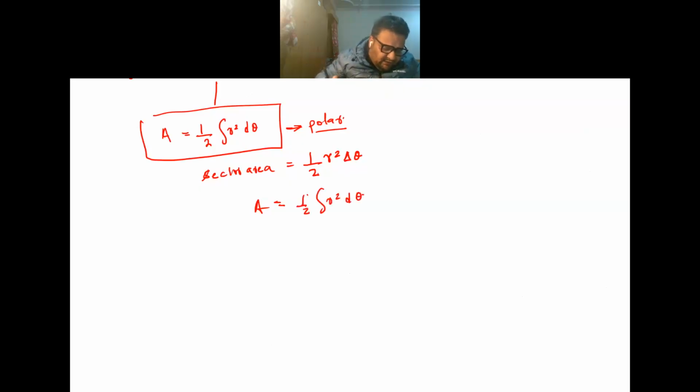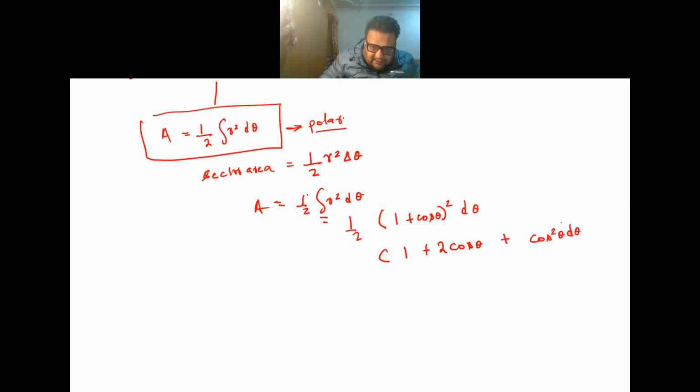Now I can easily use my trigonometry over there. And I have the values. I'll put my values: half, r as (1 plus cos theta) whole square d theta. I just expand this: a square plus 2ab, 2 cos theta, plus b square, cos square theta, d theta for the entire term, with the half.